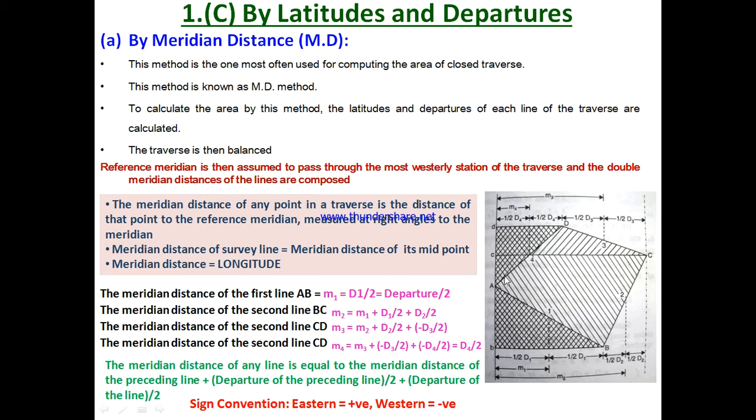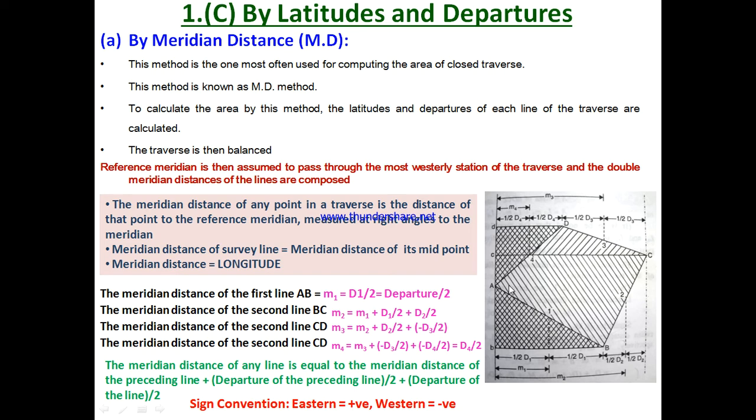For example, if this is a traverse ABCD, then the most west corner of this traverse is nothing but A. So from A we will pass a reference meridian from where we are going to measure all the departures.